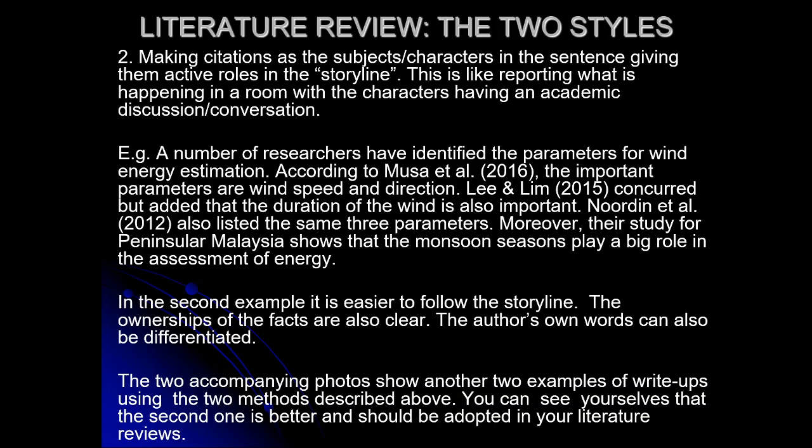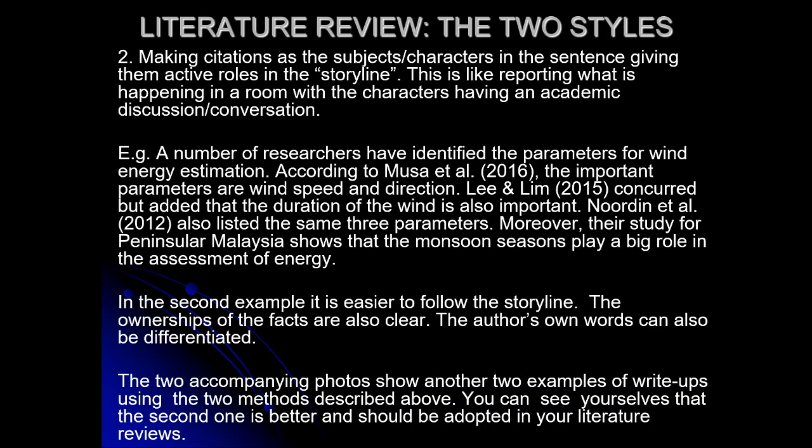So it is like you are sitting in a room, and for example, here we have three citations: Musa et al., Lee and Lim, and also Nordin et al. So say these three people are sitting at a table, and they mention about what they have been doing. So Musa will explain about his things, and Lee will explain about what they're doing, what they did, and Nordin also mentioned it. So now you are reporting what they've been saying.